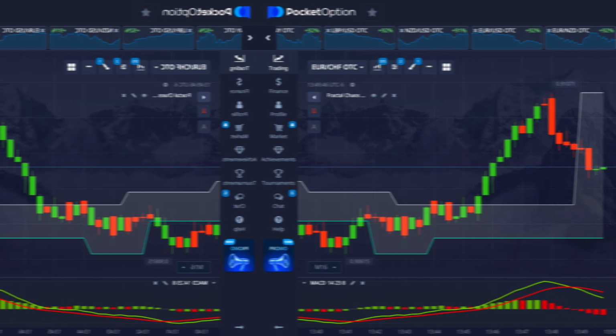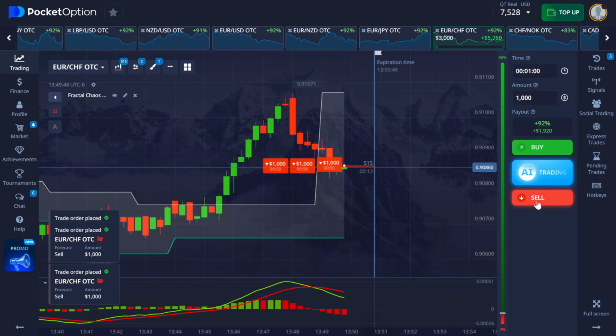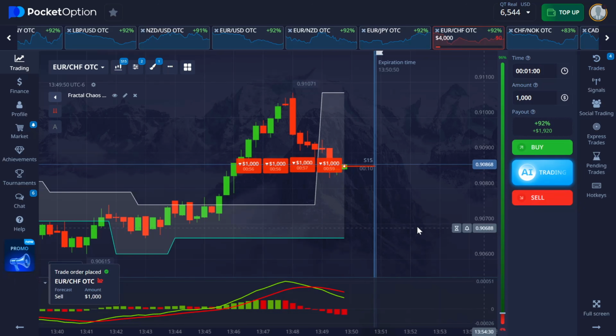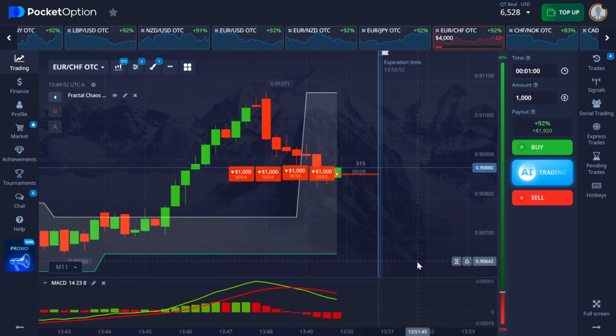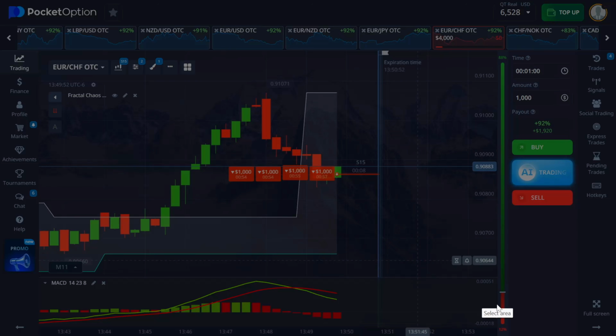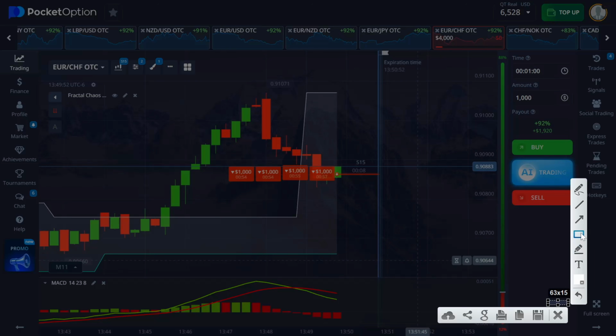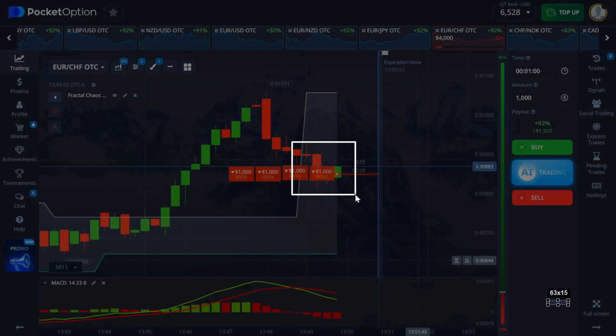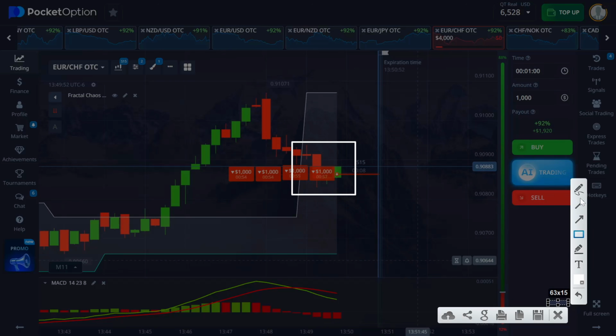Beautiful. I'm gonna take this for 3. Let me put one more in so that I could make some profit. Alright guys, this trade here is a very beautiful one, because we could see that the price was in a momentum phase, if you notice right here.